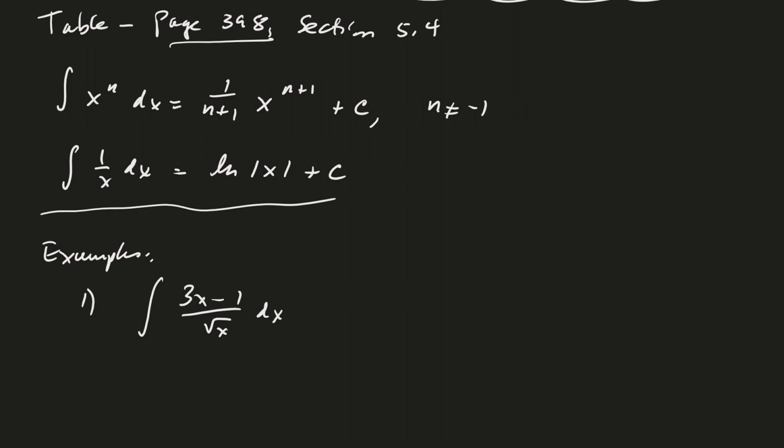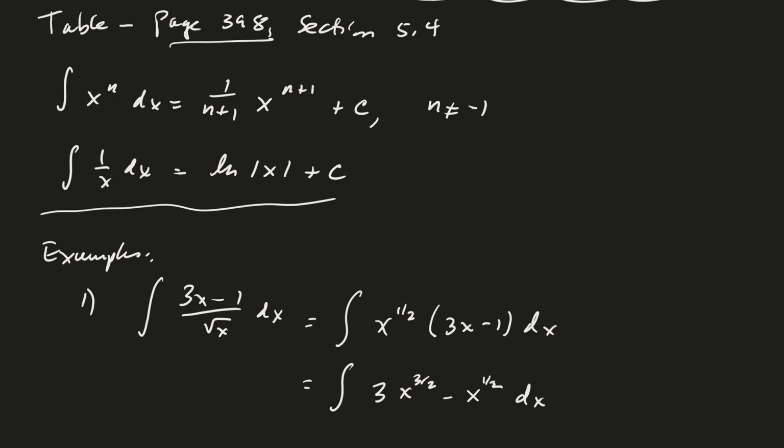When you're doing antiderivatives, be sure that you do all the simplifying algebra before you start. And so the algebra in this case, we can write this as x to the 1/2 power times 3x minus 1. And so that would be 3x to the 1 times x to the 3/2 is x to the 3/2 power minus x to the 1/2 dx.